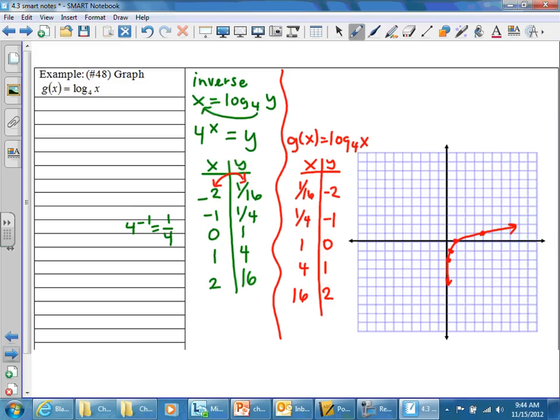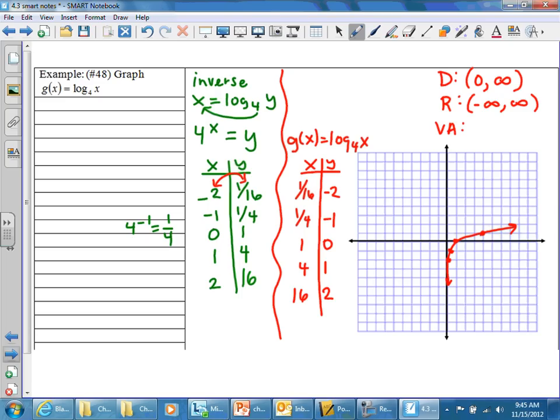Alright, so let's see if we can describe this a little bit. The domain is going to be, it doesn't ever hit 0, so it's going to start at 0 and go to infinity. My range actually hits everything, negative infinity to infinity. So for asymptotes, you have a vertical asymptote.